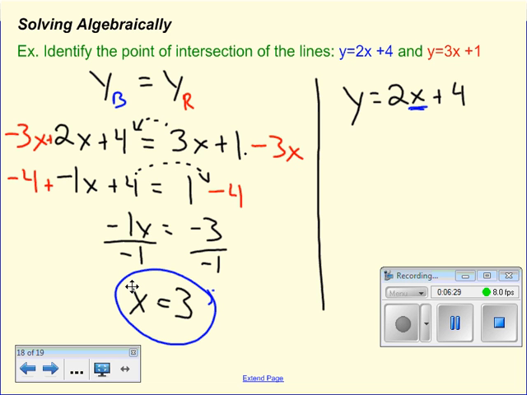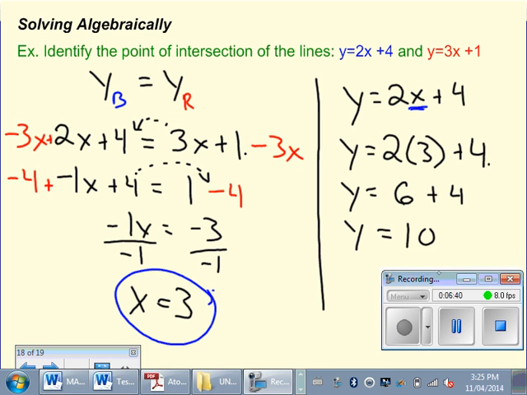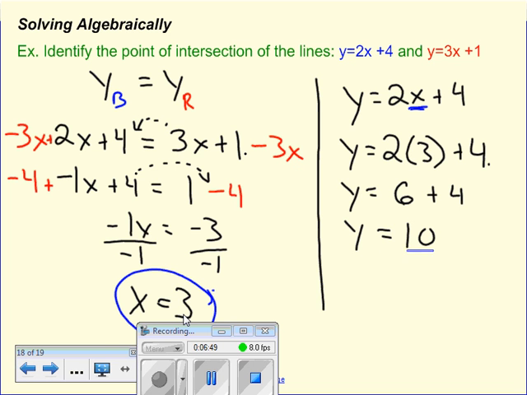So y equals 2 times 3 plus 4. 2 times 3 is 6, plus 4, so I get y equal to 10. So right there, I've now algebraically identified my point of intersection. It is going to be 3 and 10. So I got 3 here, 10 here, so my point is going to be 3 and 10.